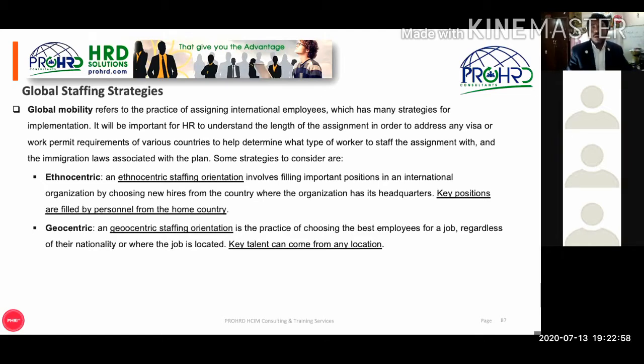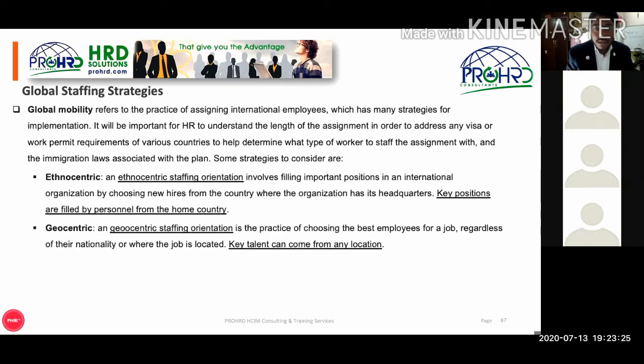This is called geocentric. You can choose the best employees regardless of their nationality or country, from any location. That is called geocentric. Okay, what is ethnocentric, Vasanthi?